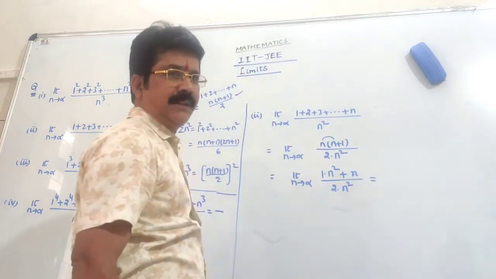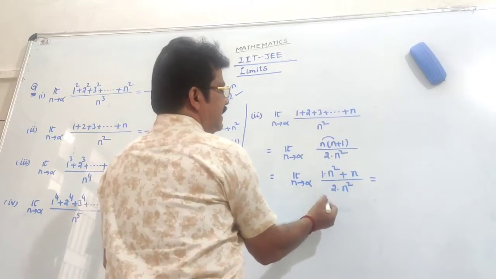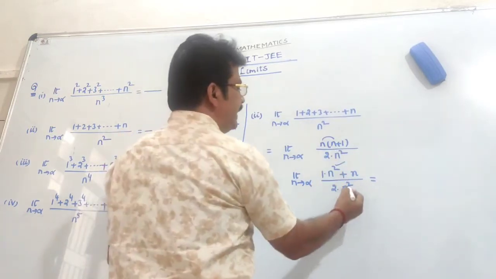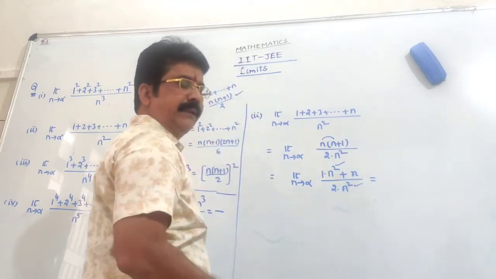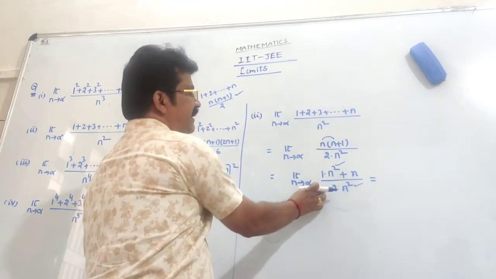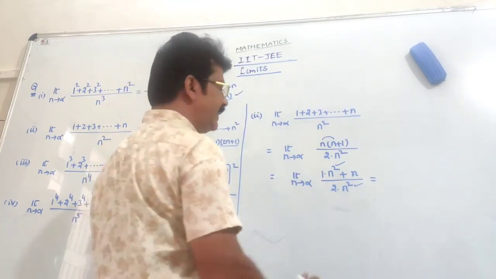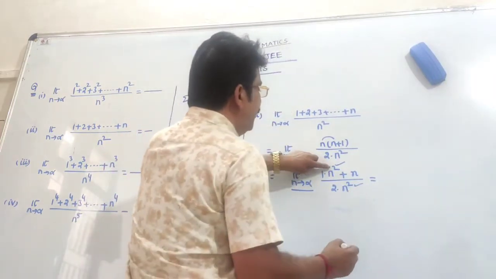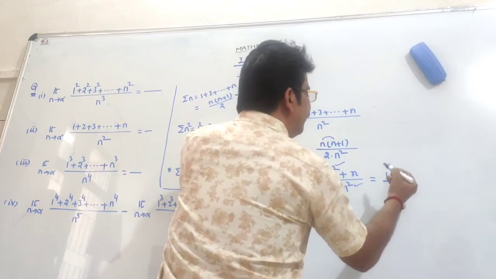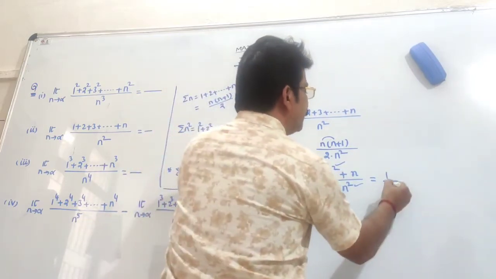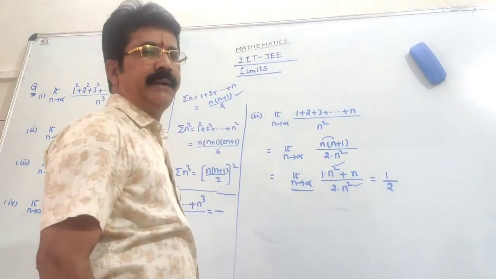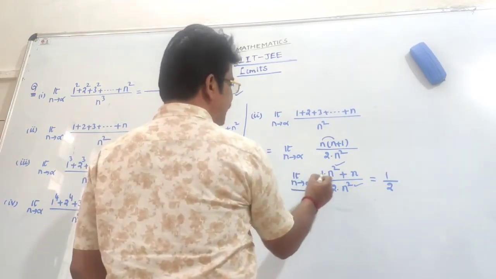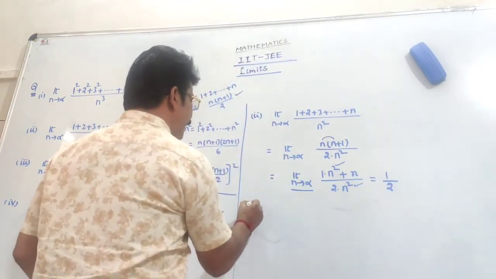So here the shortcut is: the numerator has degree 2 and the denominator has degree 2. Therefore the degrees are equal as n tends to infinity, and in this case we can write the n² coefficient 1 divided by the n² coefficient 2. So this is according to the shortcut.